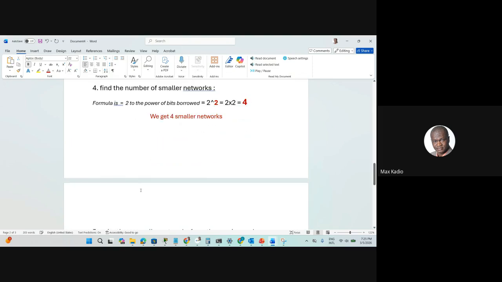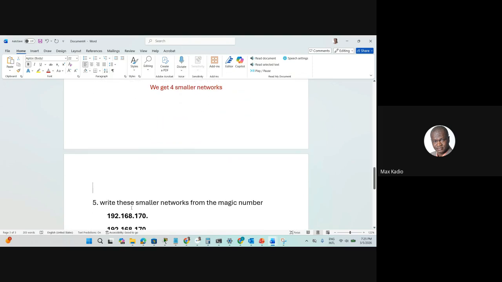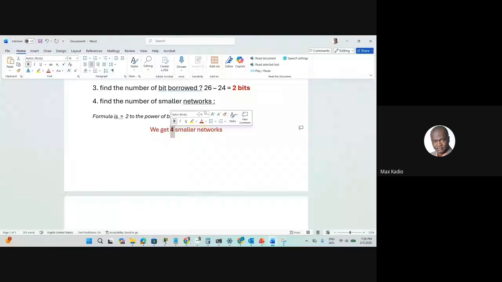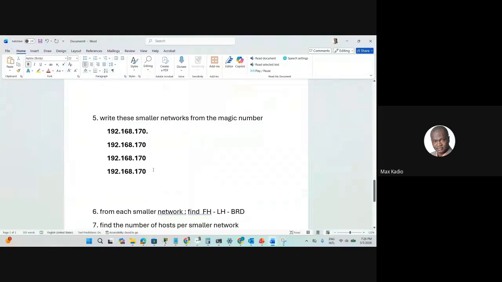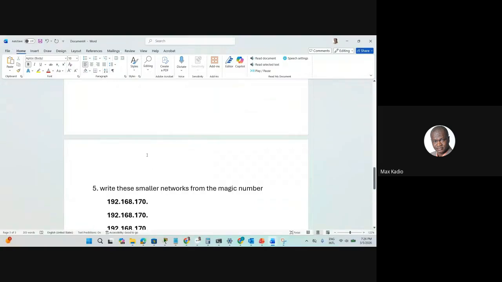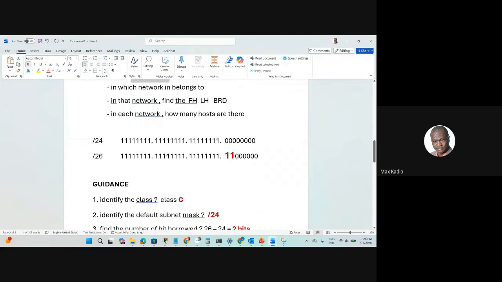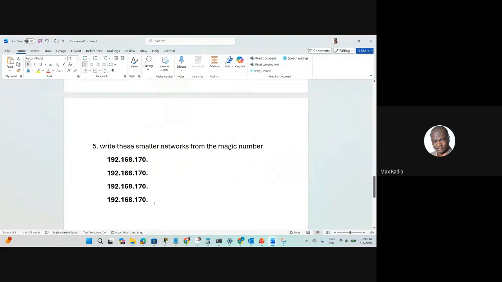Now, step number 5, write these smaller networks. So to write them, we say we have 4. You go to your questions, you take the first 3 blocks, because this will represent the network section.